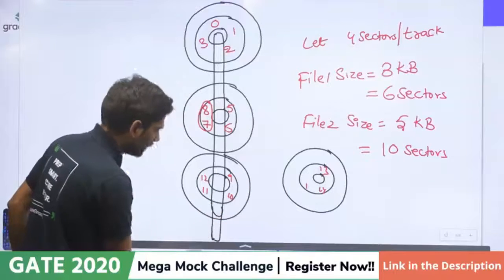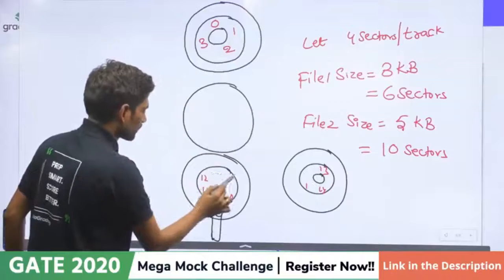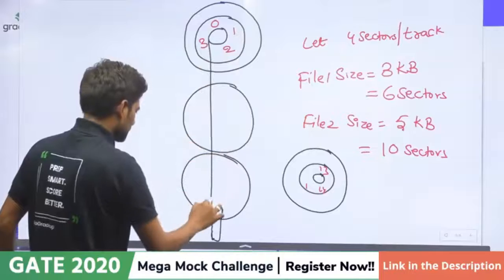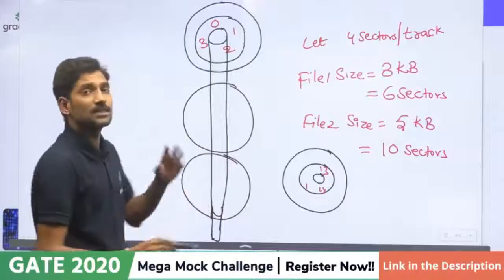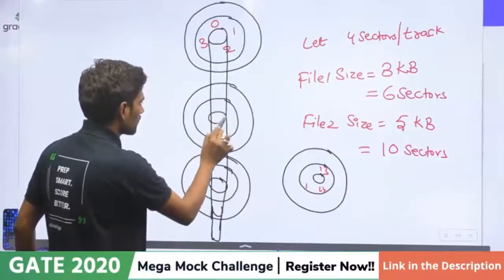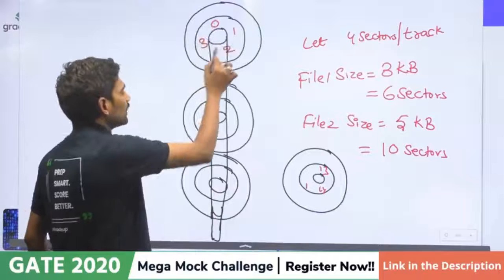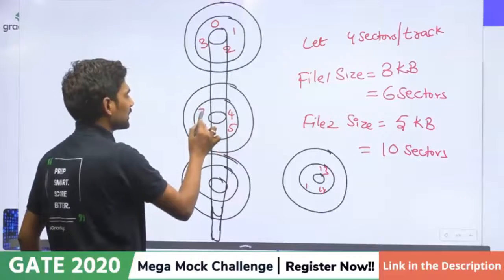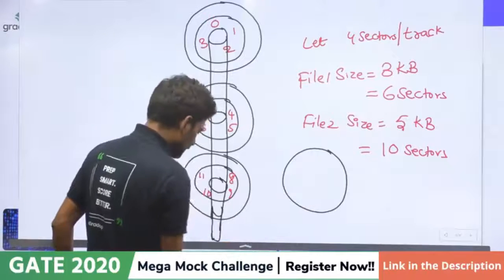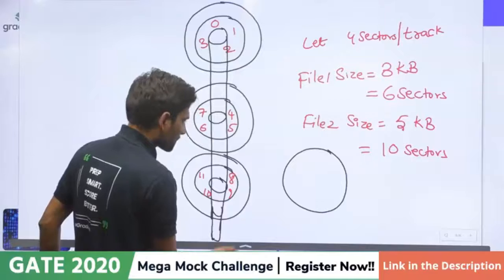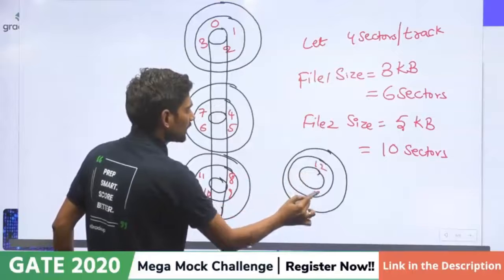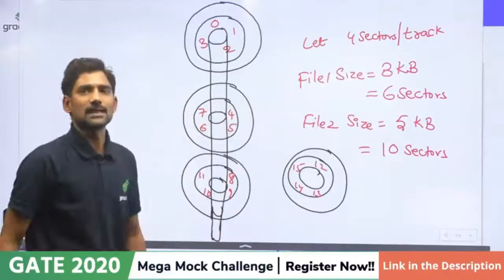Sorry, here the numbering should be like this, because we have started with 0. 0, 1, 2, 3, next number should be 4, 5, 6, 7, 8, 9, 10, 11. And here they should be 12, 13, 14, 15. So you can understand this now.